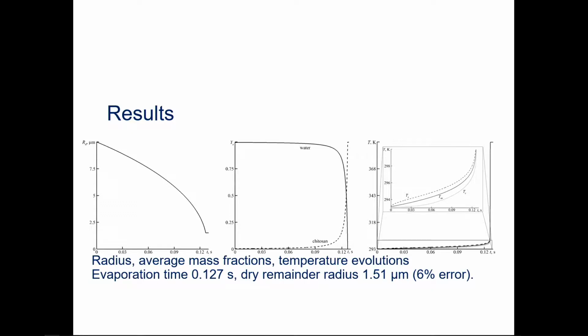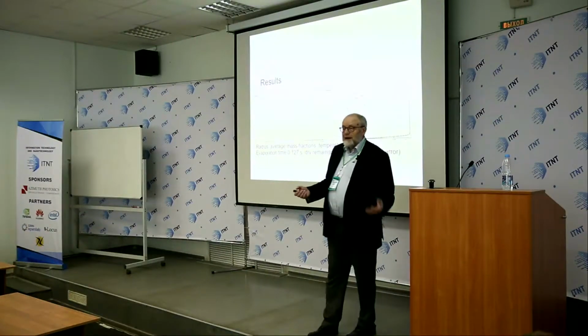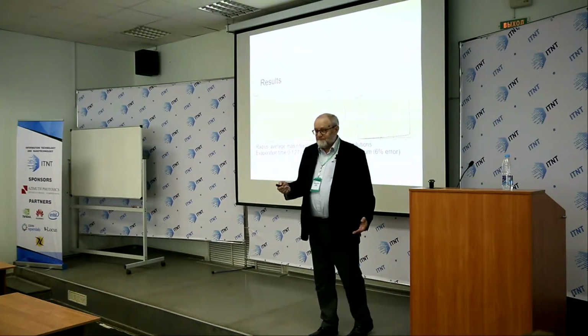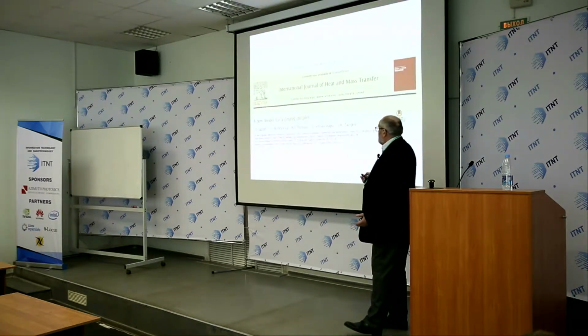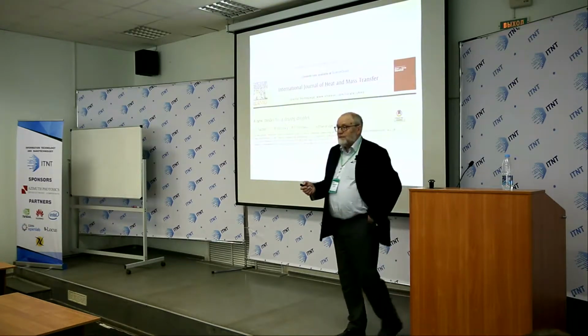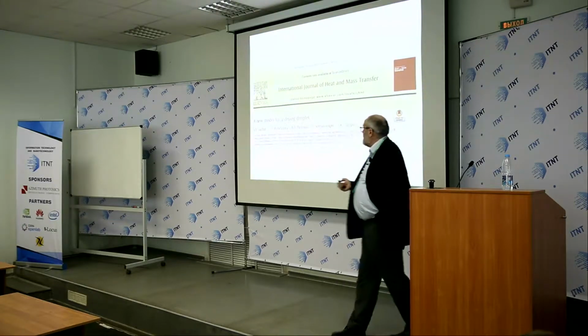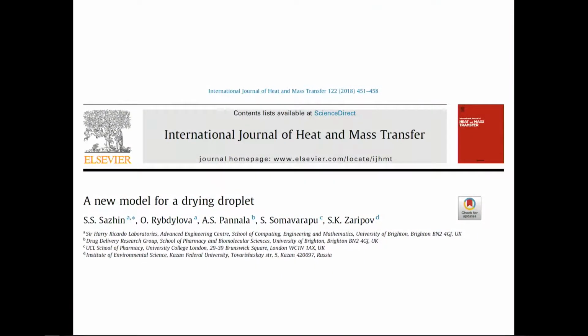But what we can validate is the typical time of evaporation of the droplets, which is about 0.12 seconds and is compatible with the experimental observations. These results were published last year in our paper, prepared together with a colleague from the Department of Pharmacy at our university, and also colleagues from Kazan University in Russia, not far from here.